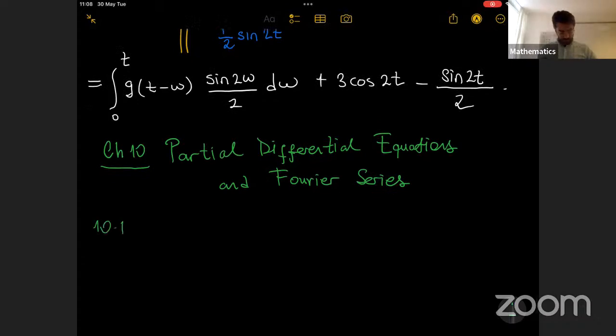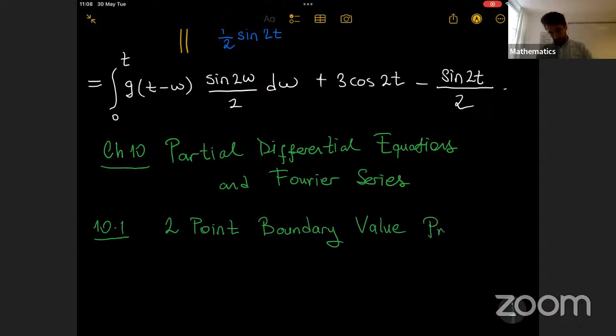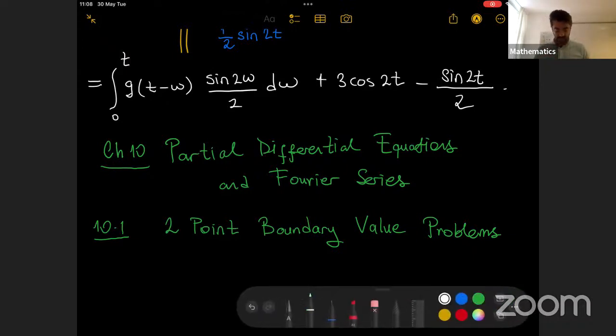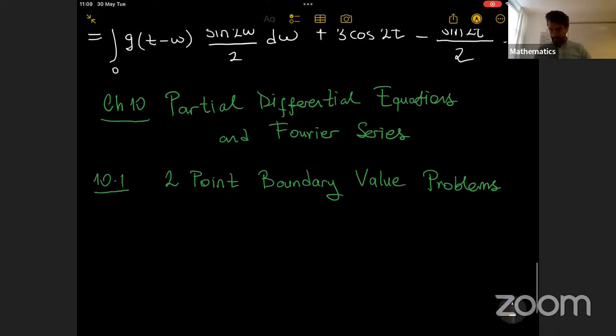First, we'll talk about the two-point boundary value problem. This part is not partial differential equation. We will come to partial differential equations later. Okay, so this is still an ODE problem, ordinary differential equation. And this is PDE.